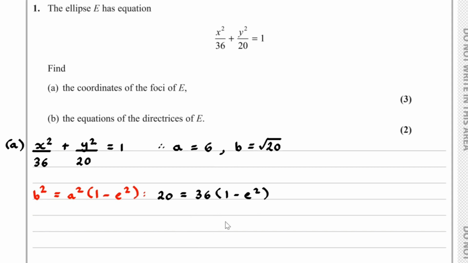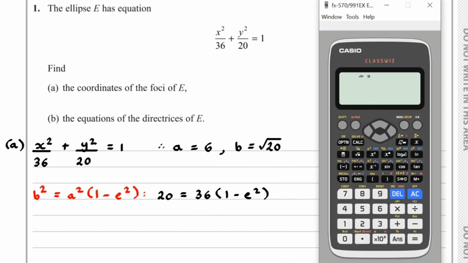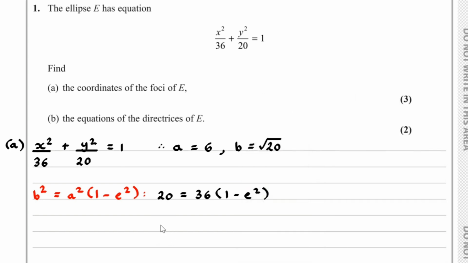And if we attempt to solve for e, we have 20 divided by 36, which is 5/9, and if we do 1 minus this, e squared is 4/9, and so therefore the value of e is equal to 2 over 3.